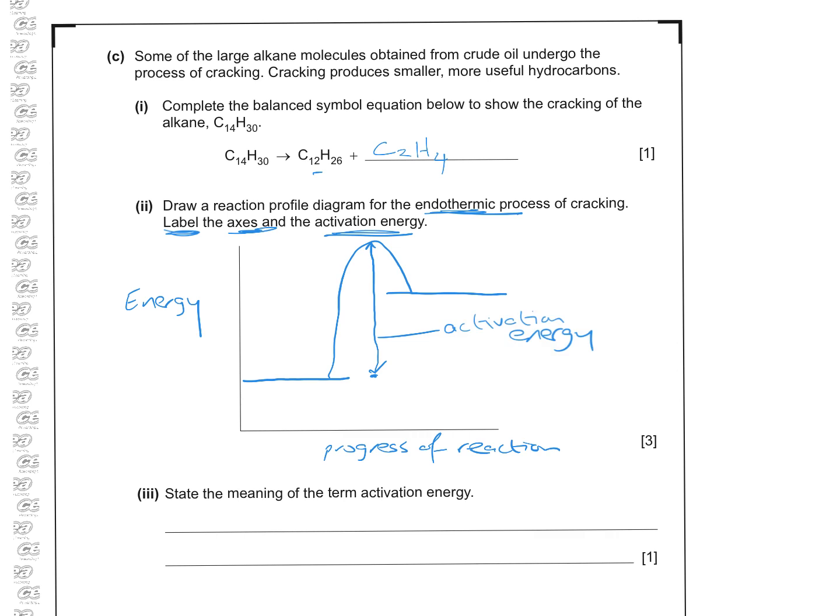For energy level diagrams, you have to put in the reactants and products. On the reactant, now this is based on part 1, so the question above. The reactant is C14H30, and it gets broken into C12H26 and C2H4.